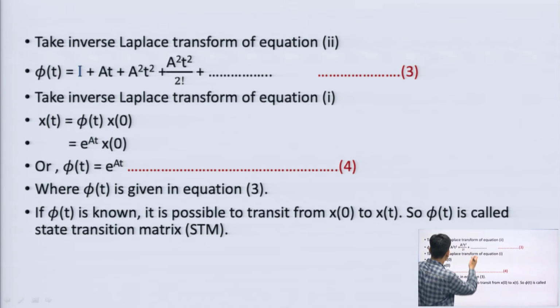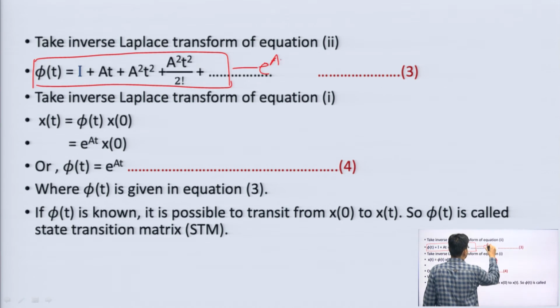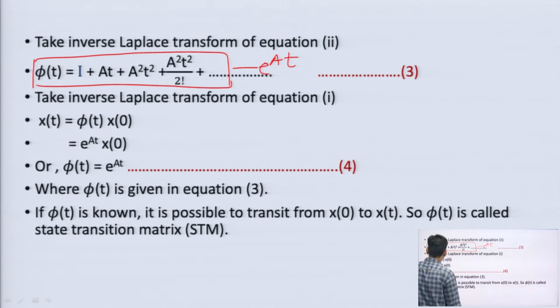If I take the Laplace inverse of the above series, I will get this expression, and if I solve it, this gives me an exponential function, that is e to the power At. So, if I take the Laplace inverse, I will get phi(t), and this is given as e to the power At times x(0).